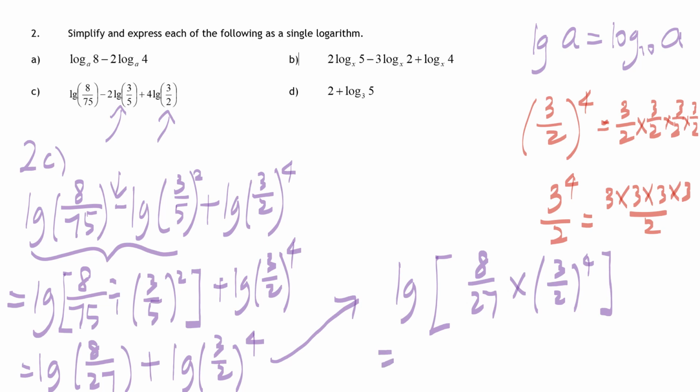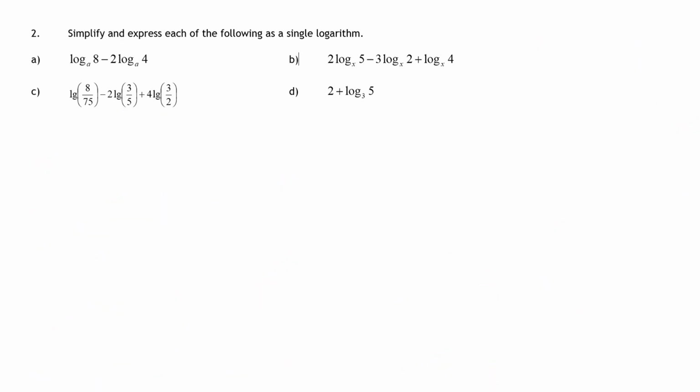Again you can easily use the calculator to work out the answer, or if you wish to practice your mental calculation, then just go ahead. That gives you log 3 over 2. Okay, right. Very good. Congratulations to all of us for coming so far. Let's do question 2D. That will be the last question for this lesson on logarithmic functions.